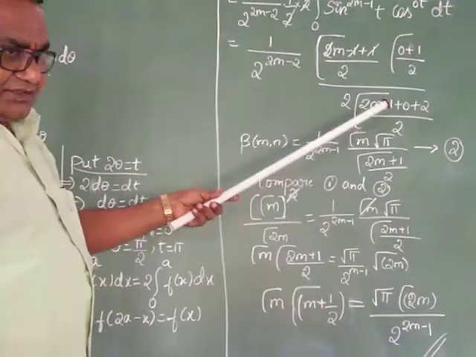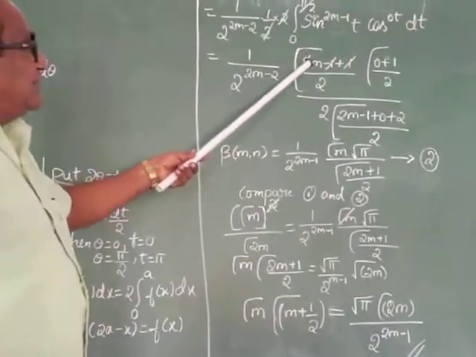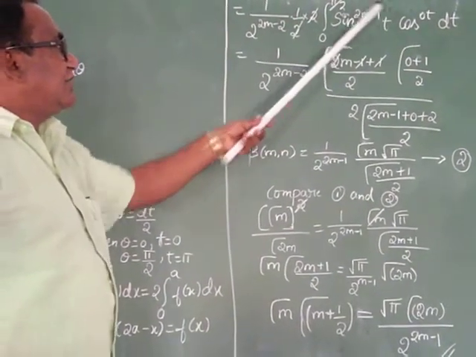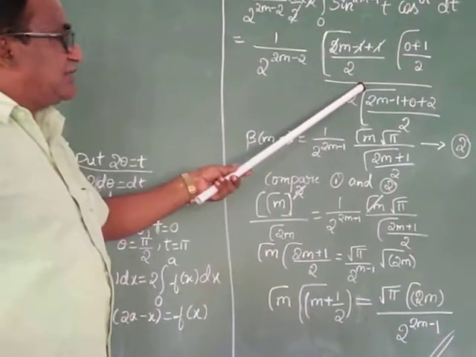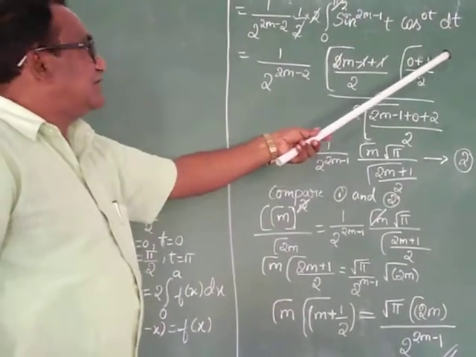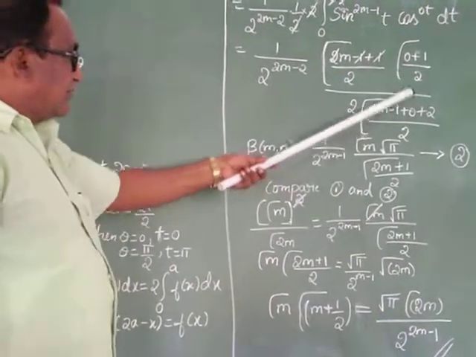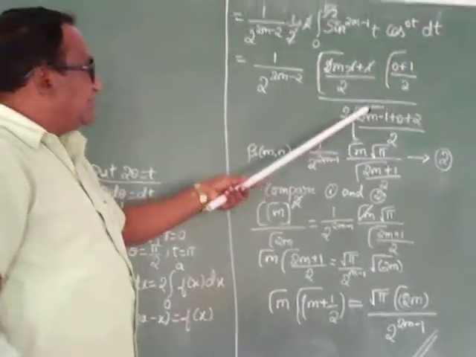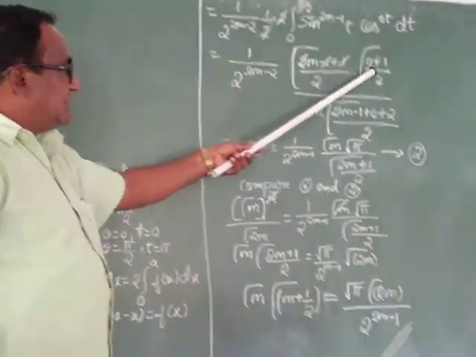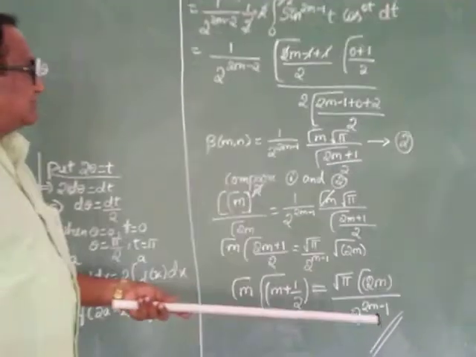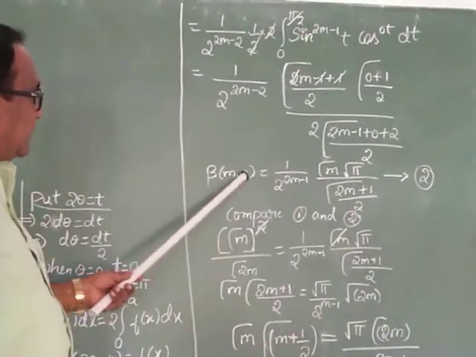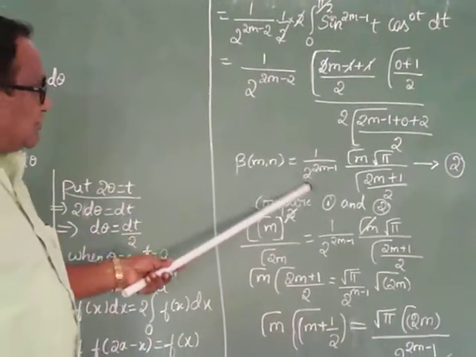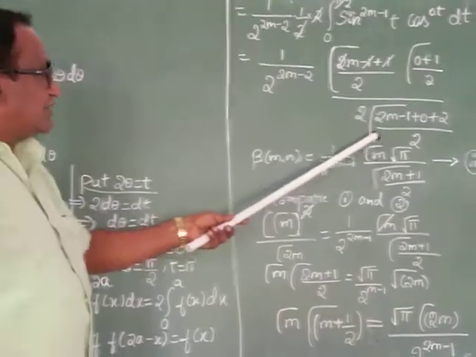By once again our well-known formula, it is gamma of p plus 1 divided by 2, into gamma of q plus 1 divided by 2, whole divided by 2 into gamma of m plus n, where p is 2m minus 1 and q is 0. So we have beta m n equal to 1 over 2 to the power 2m minus 2, into 2 to the power 2m minus 1 into gamma.